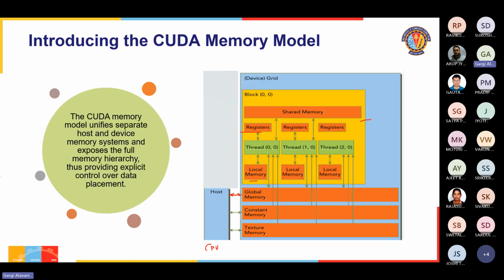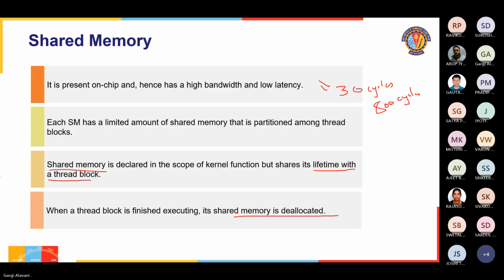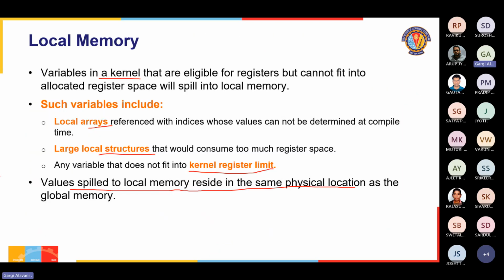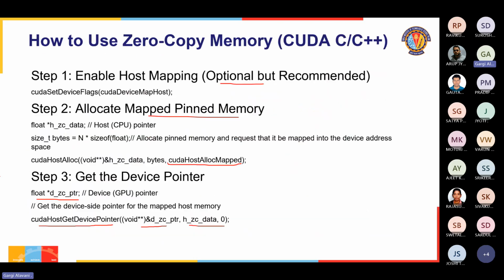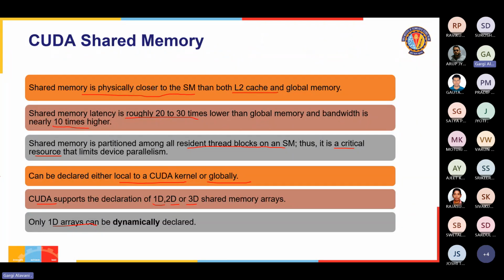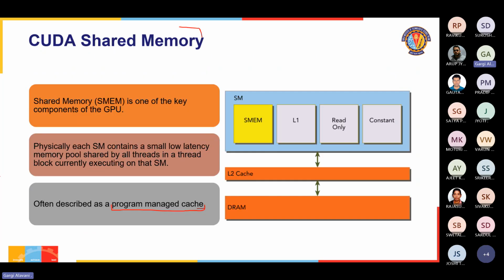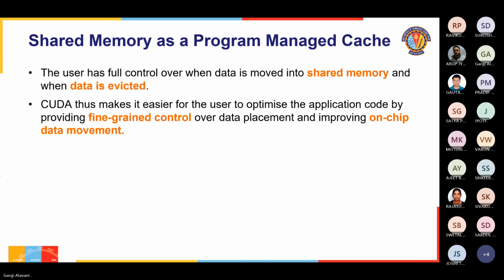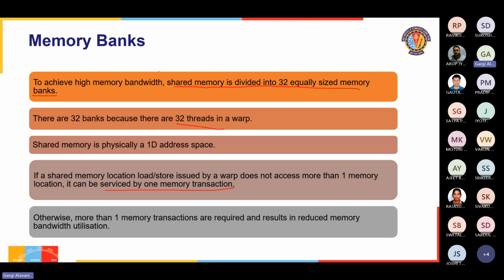Yeah. So, as I mentioned, shared memory is divided into 32 equally sized banks.